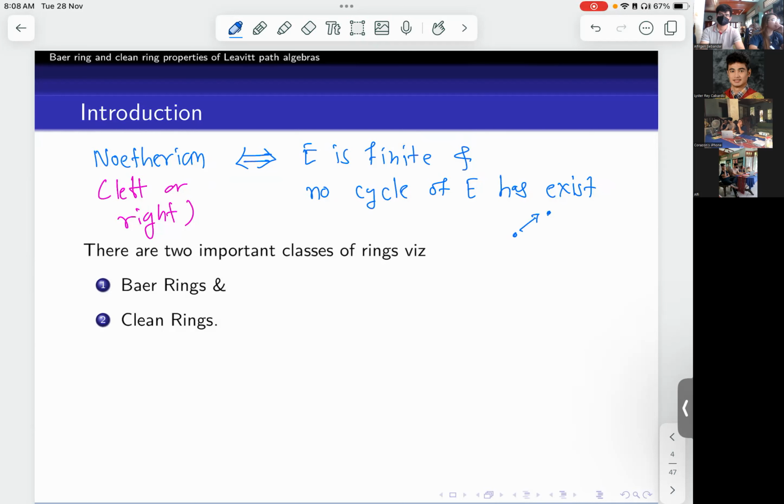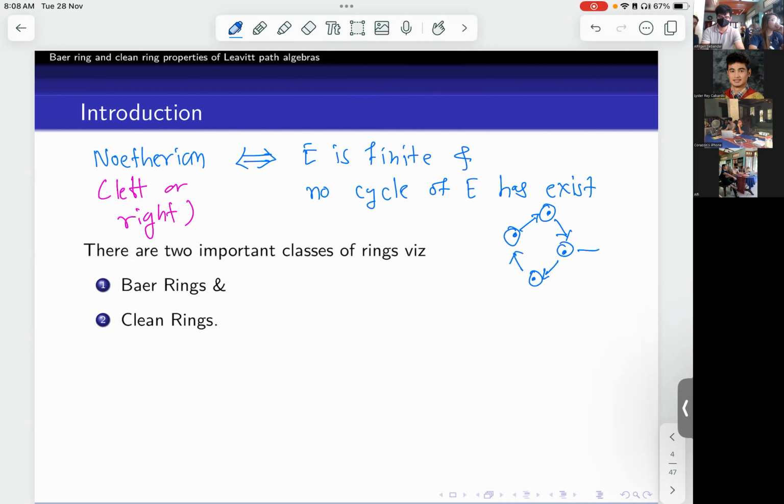Whenever you have a cycle and you can go from this vertex to this to this to this, and if we keep on looping in the same way, that means it has no exit.